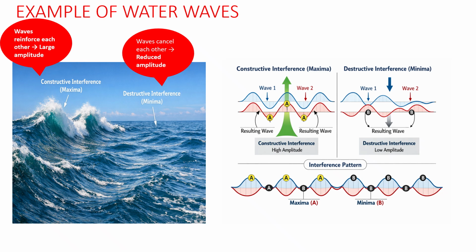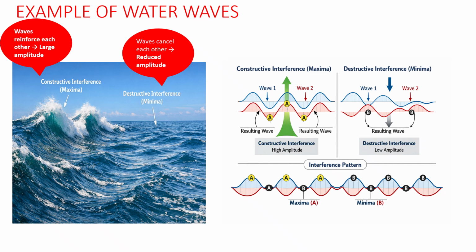And there is the case where one crest and one trough meet. If both meeting waves have the same direction, we find constructive interference.